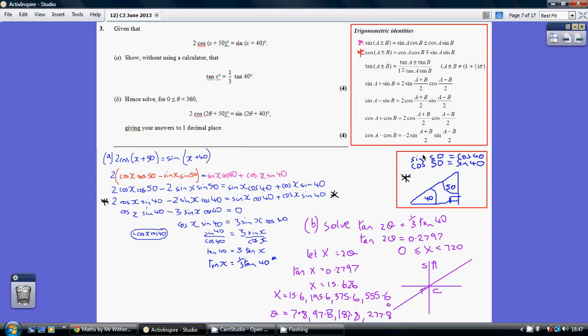So these are interchangeable, so wherever we see a 50, we can replace it with the appropriate 40. That's what I've done in this line here.